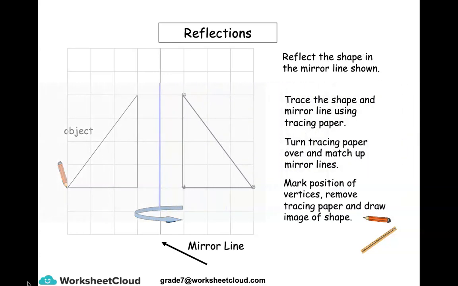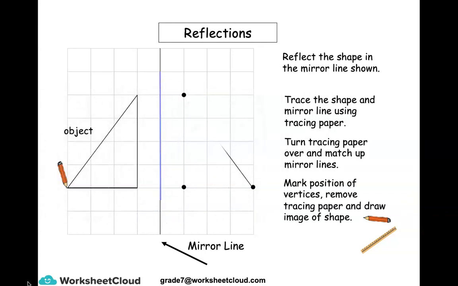We can draw over it and mark the vertices, remove the tracing paper, and there is our image. The important thing to notice is that the image is exactly the same distance away from the mirror line as the object. It's the same as looking in a mirror: the further back you stand, the deeper you go into the mirror, and it's the same when we do reflections in maths.